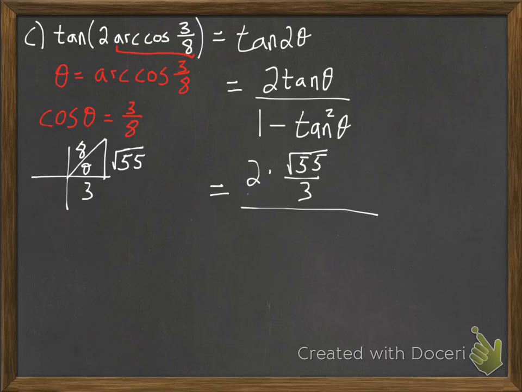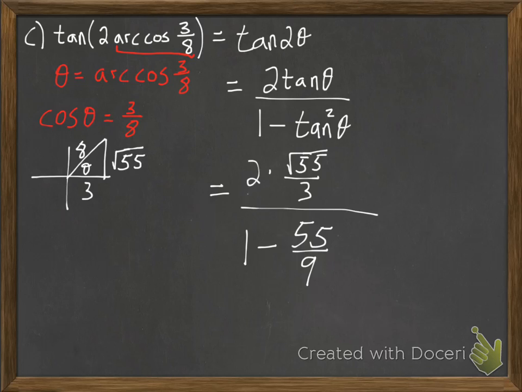And that's all over 1 minus tangent squared. Well, tangent squared would be square root of 55 over 3 squared. So that would be 1 minus 55 over 9.